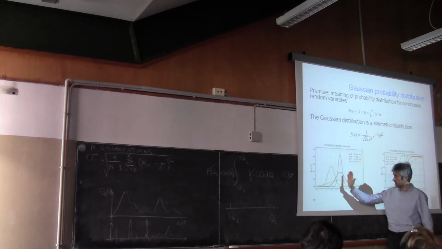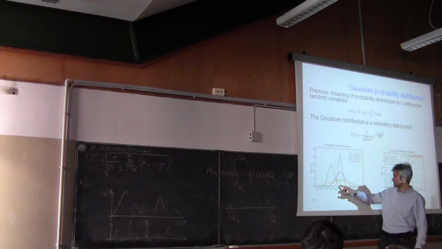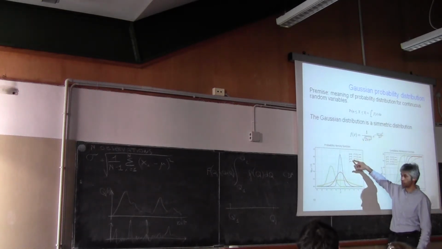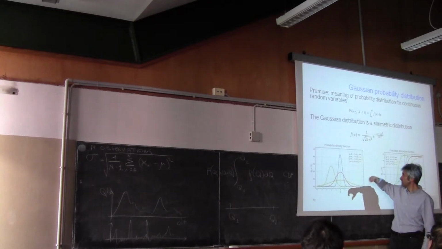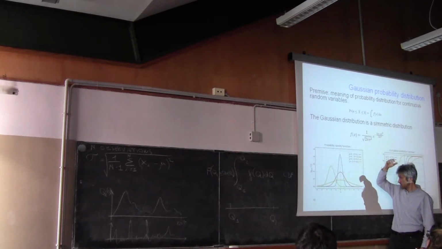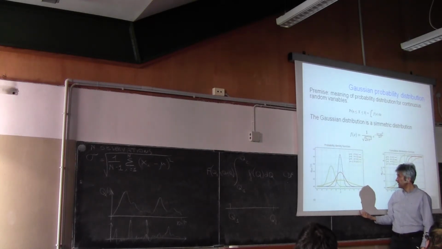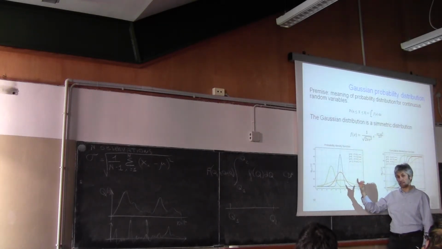Good. So let's forget the green one, and let's look at the other curves. They have a mean equal to 0. It is written on the graph. So they are centered around 0, and have different standard deviations, different sigma.